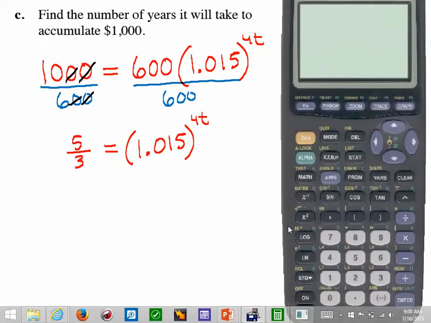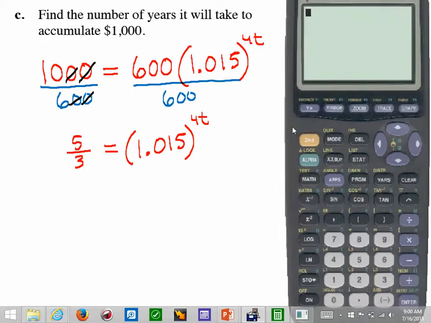And you know what? Let me think about this here. Those of you that do have a graphing calculator, I don't want you guys to go and buy a graphing calculator, not for a single homework problem. How about this? On the online homework, I'll give you guys full credit for this problem.